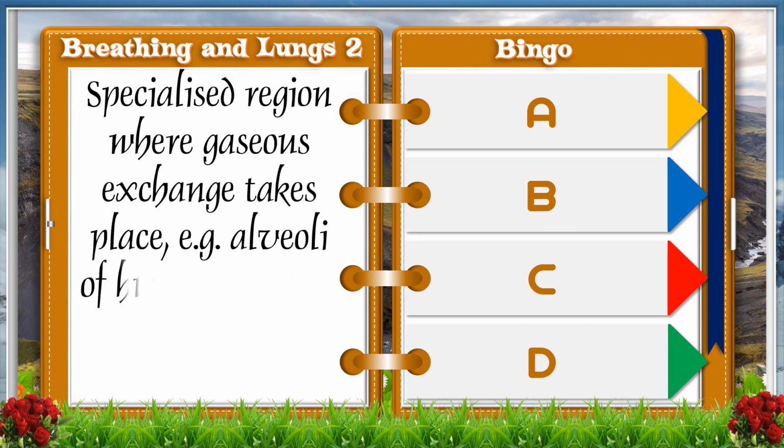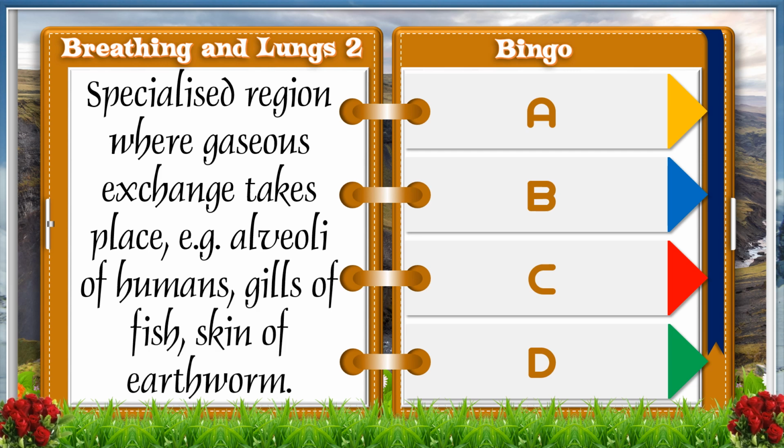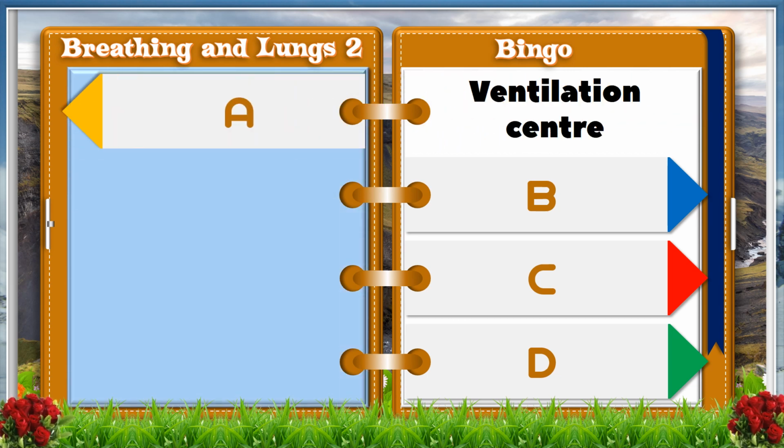Specialized region where gaseous exchange takes place. For example, alveoli of humans, gills of fish, skin of earthworm. A. Ventilation center.